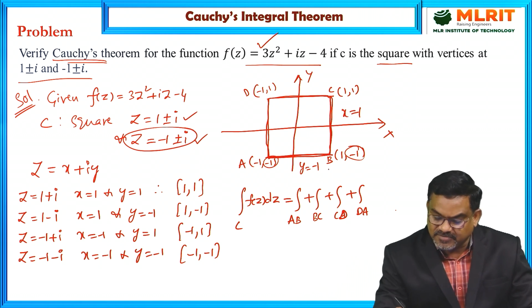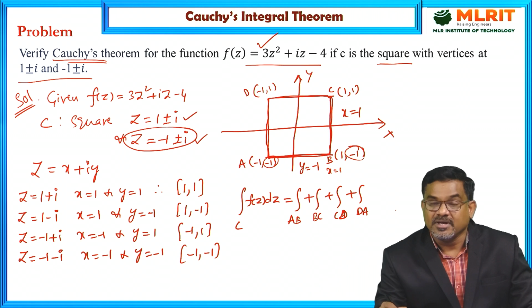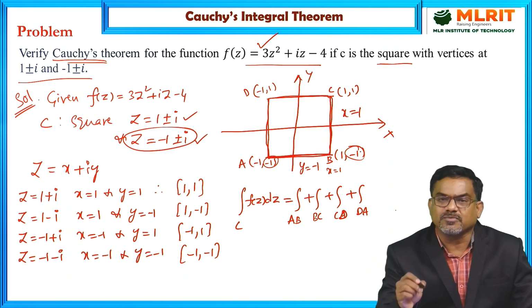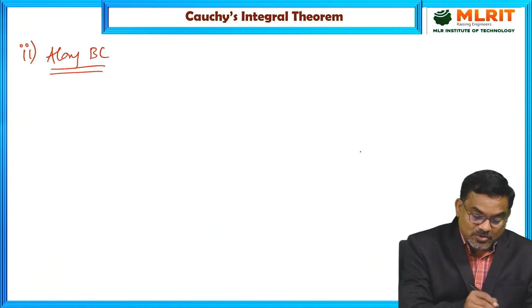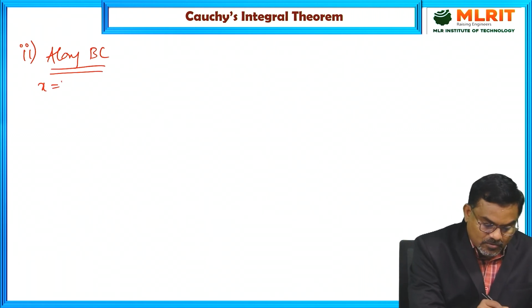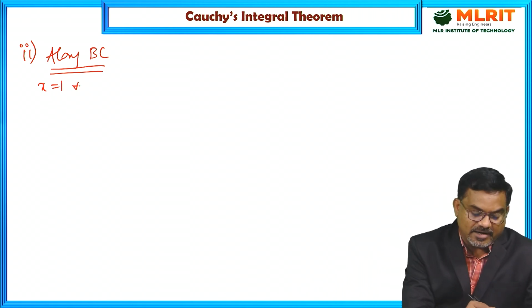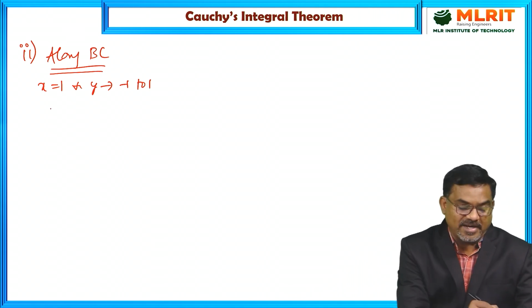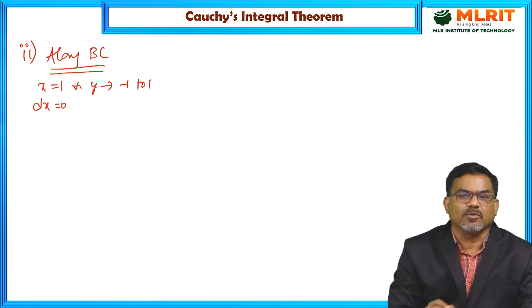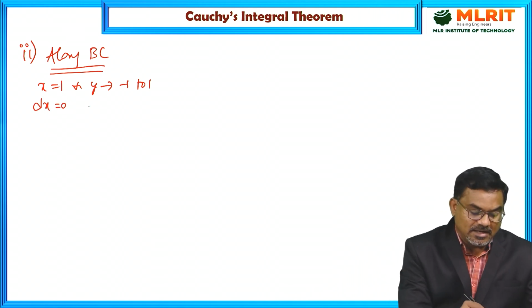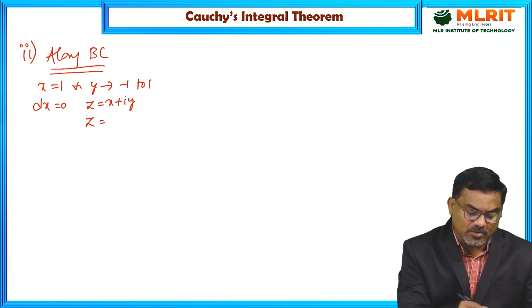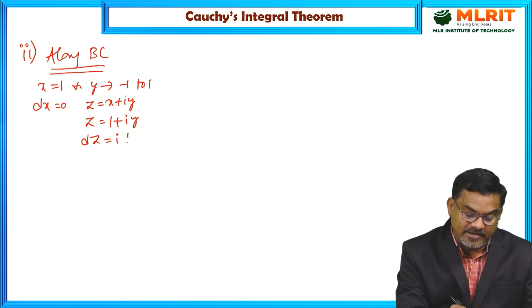This line itself is called the x equal to 1 line, and y changes from minus 1 to plus 1. If x is 1, dx will be 0. Next, z is x plus iy, so x equal to 1, so 1 plus iy, and dz will be i dy.